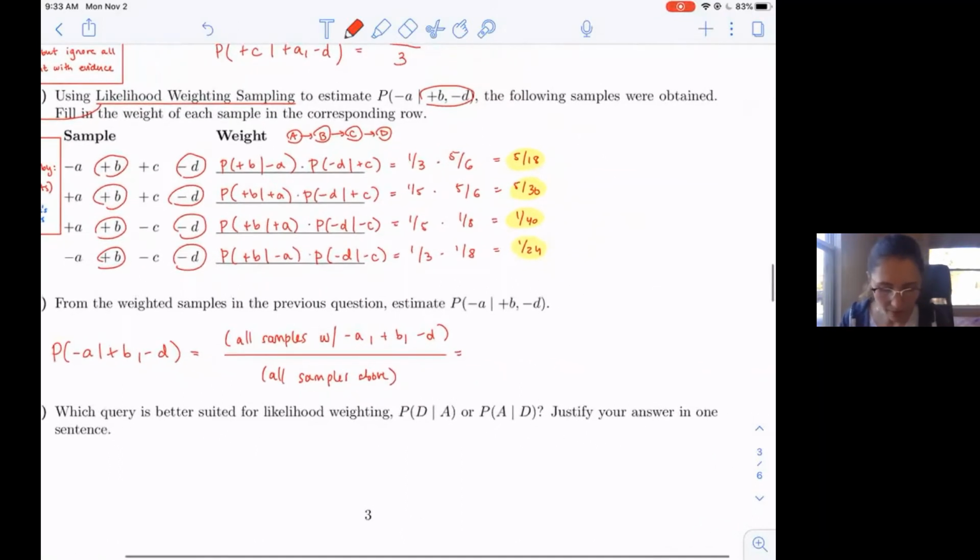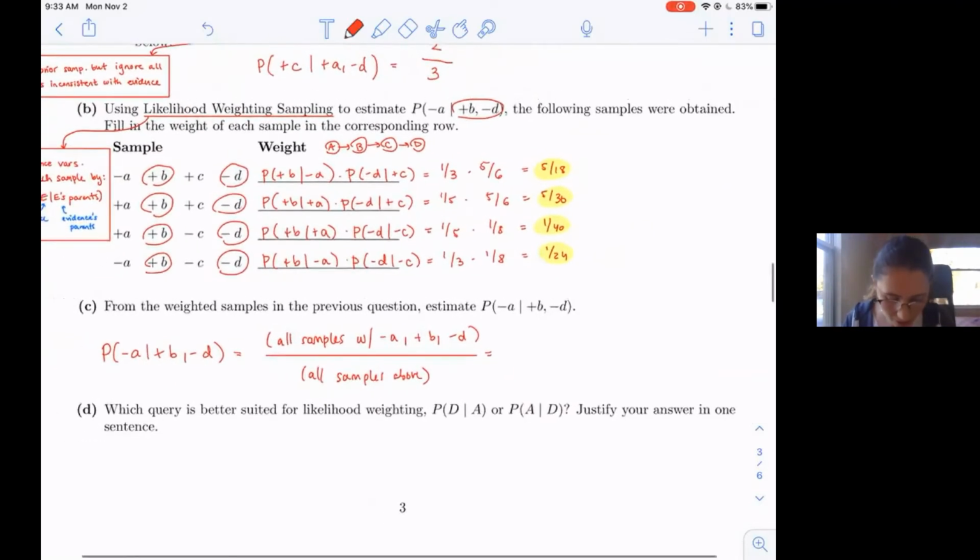What I mean here by all samples with minus A plus B minus D is we're just going to look at which of these samples contains exactly our query and our evidence, which is going to be, let's highlight these, minus A plus B minus D. So it's this one, minus A plus B and minus D. It's this one. These are the two samples that contain all these variables we're interested in.